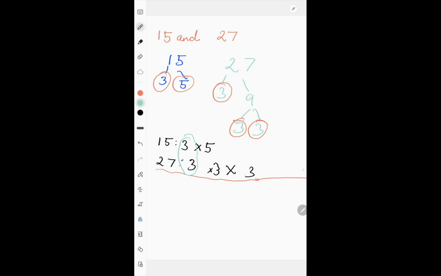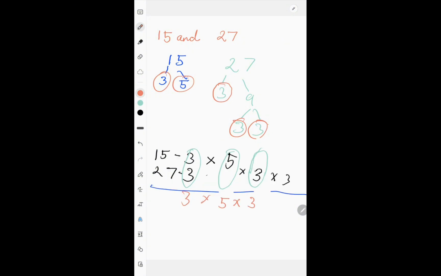We have a 3 to represent that column of 2 3s. Times, we have a column of 5 here, times, we have a 3 here, times another 3 here.